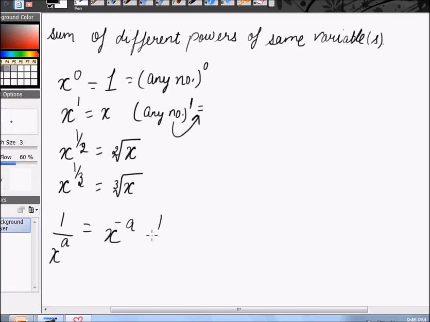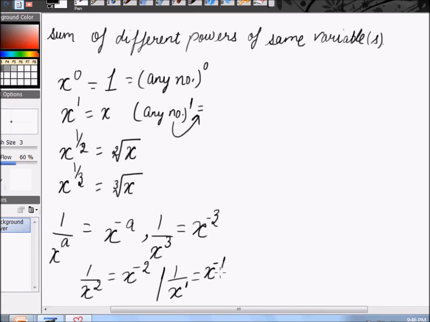That is, if we are given 1 over x cube, we can write it as x raised to power minus 3. Similarly, 1 over x square equals x raised to power minus 2, and 1 over x equals x raised to power minus 1.